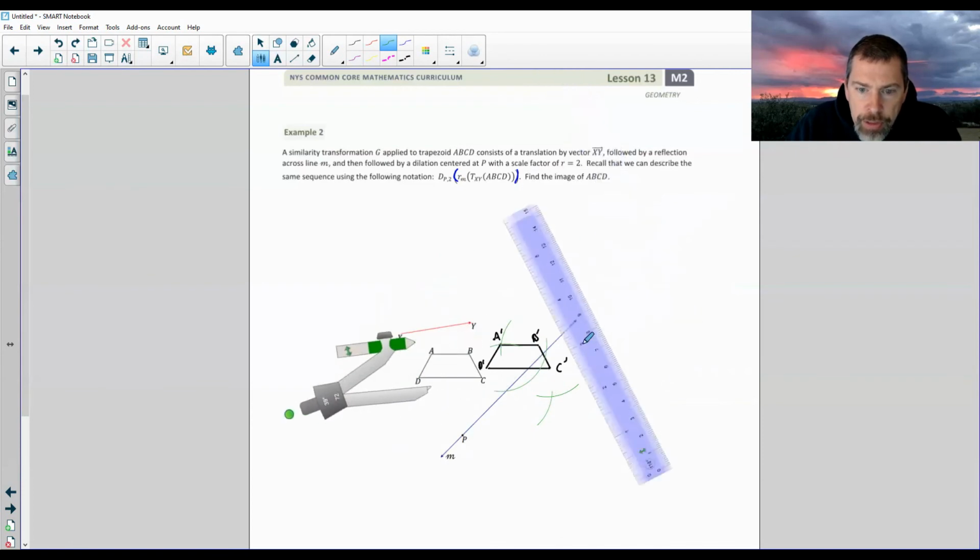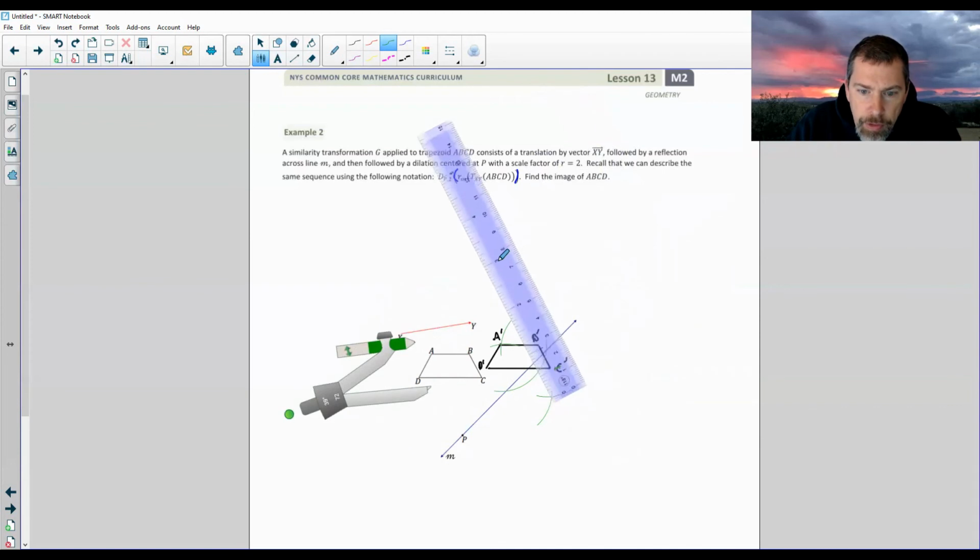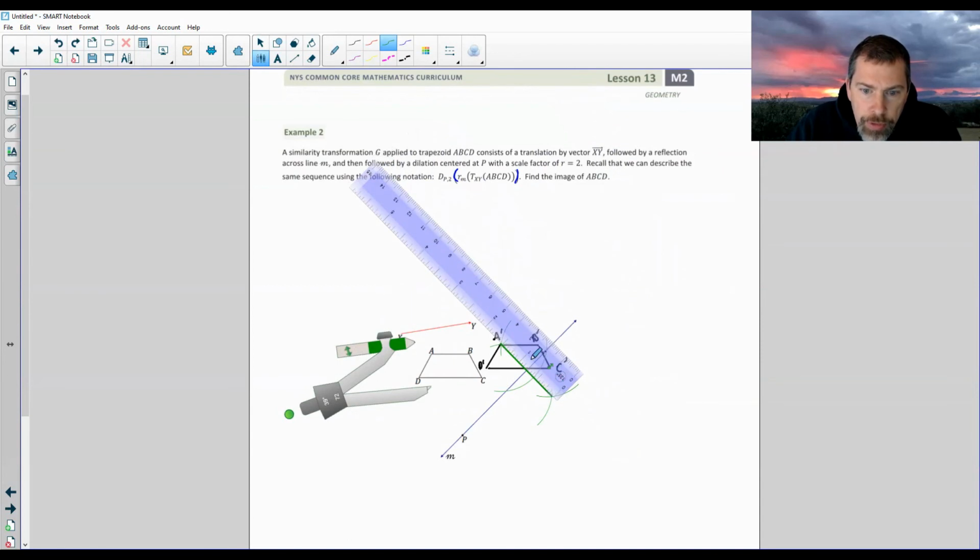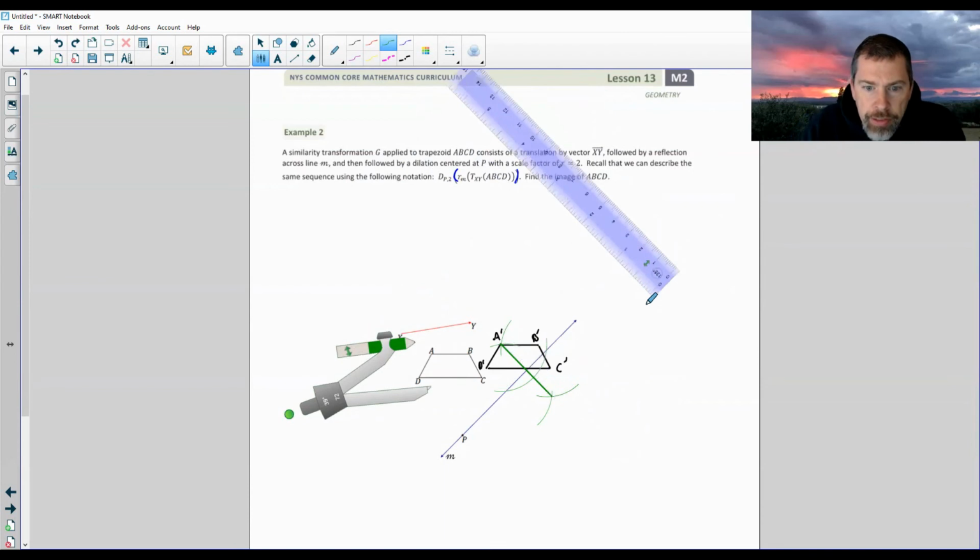Bring your ruler down. Rotate it. Here is your perpendicular that goes to the other end. And the distance should be the same the way I did it. So now this is reflected across.